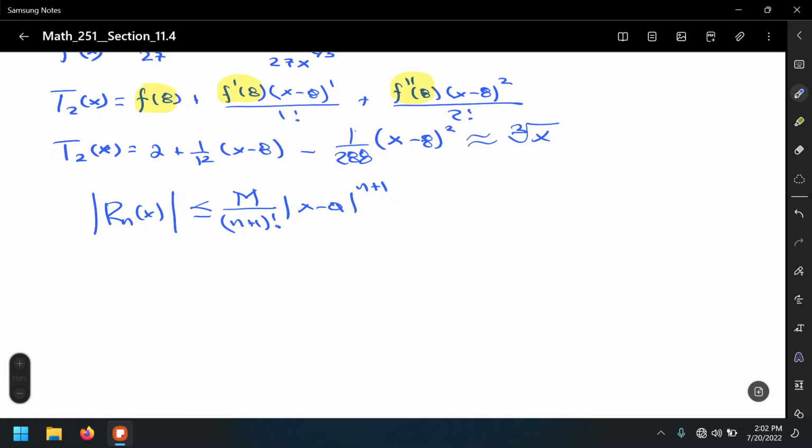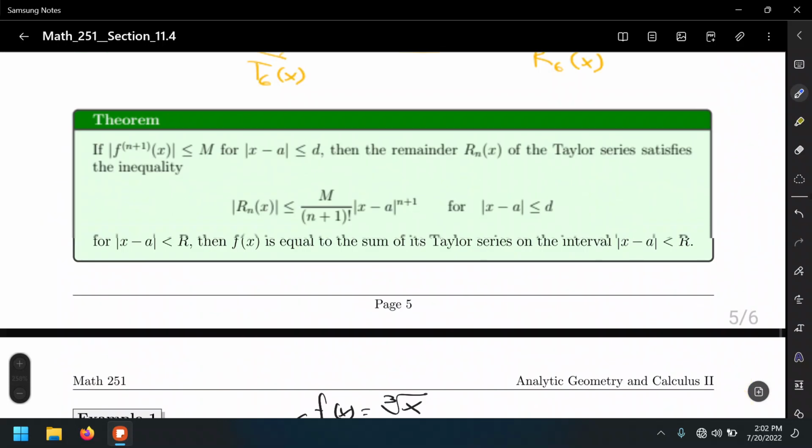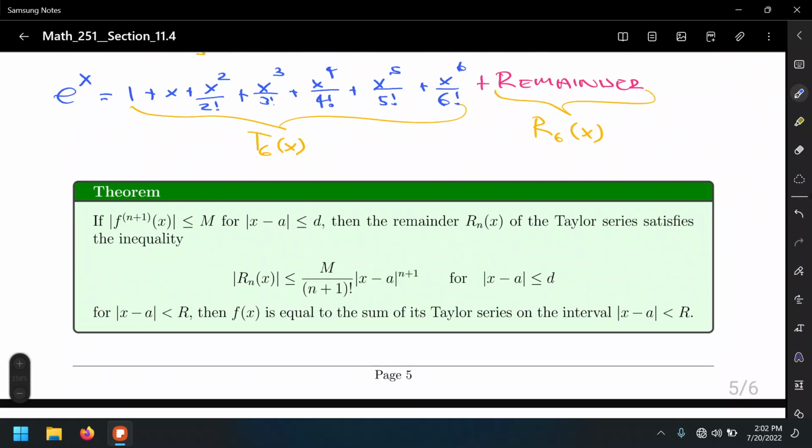Let me go back to the previous page. This value of M, in the form of an inequality, is obtained from evaluating the derivative that comes after the ones we used on the Taylor expansion.